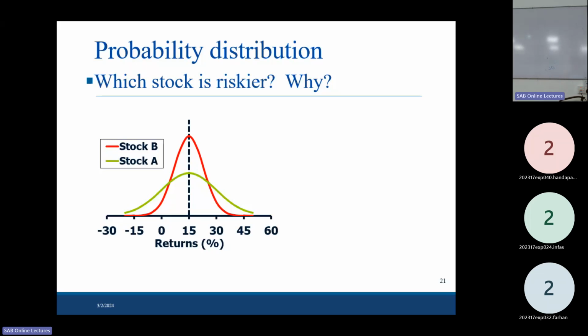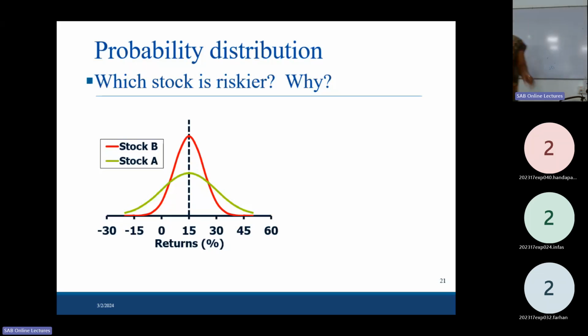Based on our holding period return formula, you can calculate this mean or average. So that is 15% for both. Now you can see here the distribution around this average for these two companies.